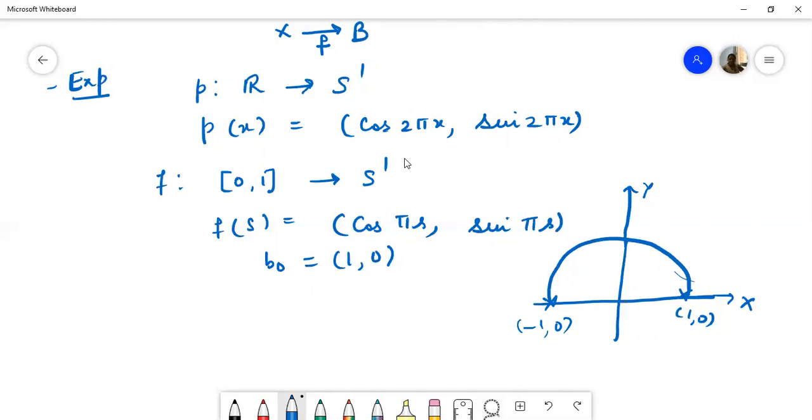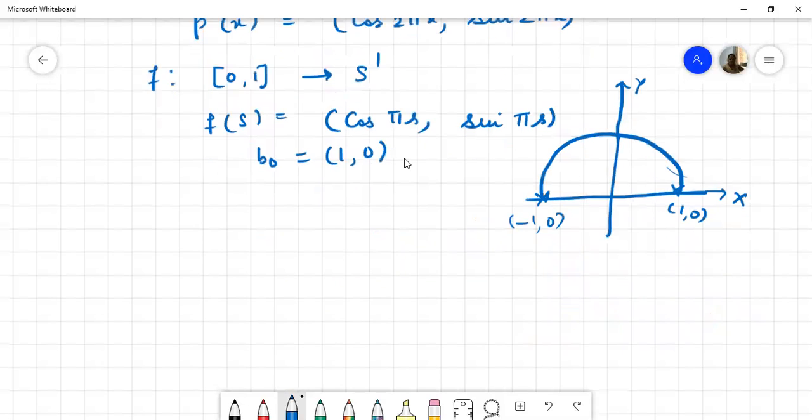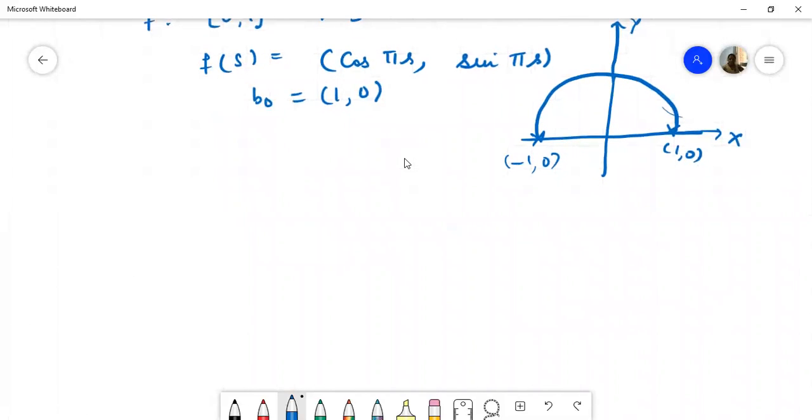Now we have this covering map P from R to S1. Let us say this is R, the real line. We have a mapping P from R to S1, which is our covering map, and we have defined the path.